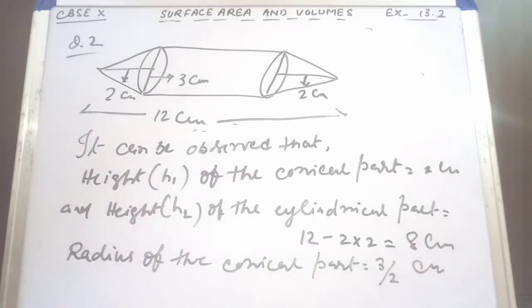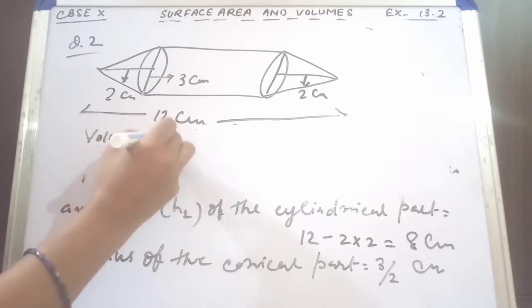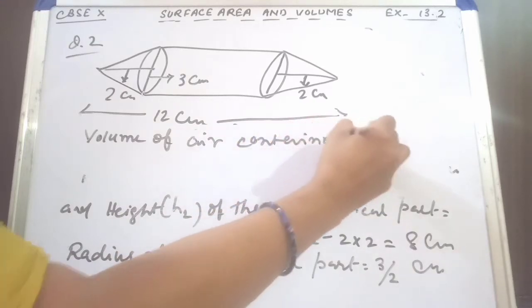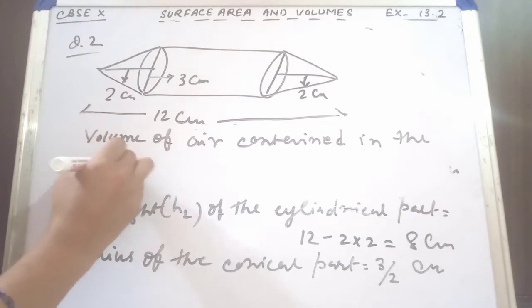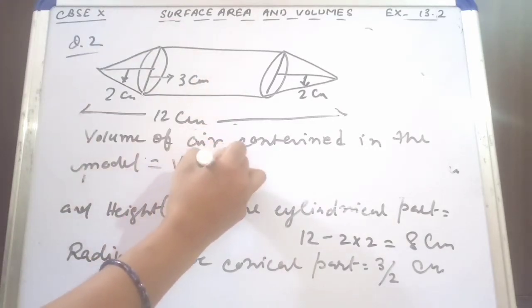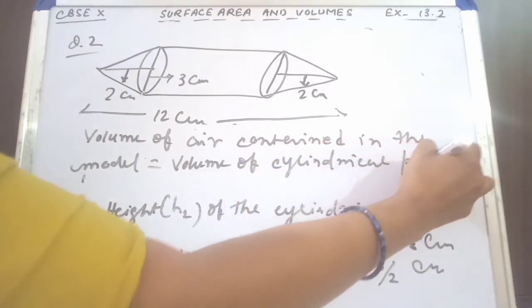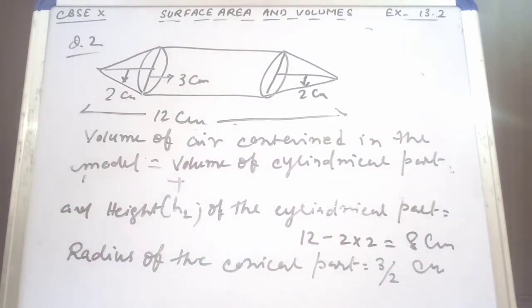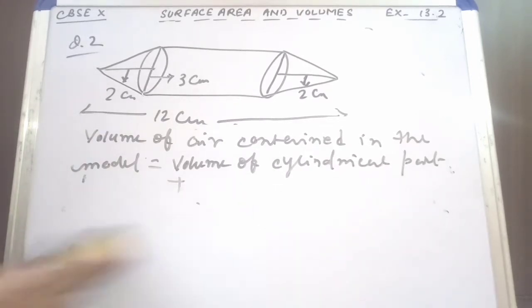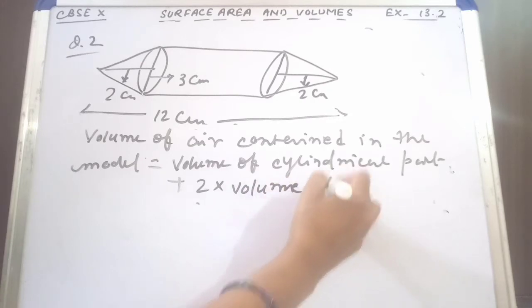Now volume of air contained in the model is equal to volume of the cylindrical part plus 2 into volume of conical part.